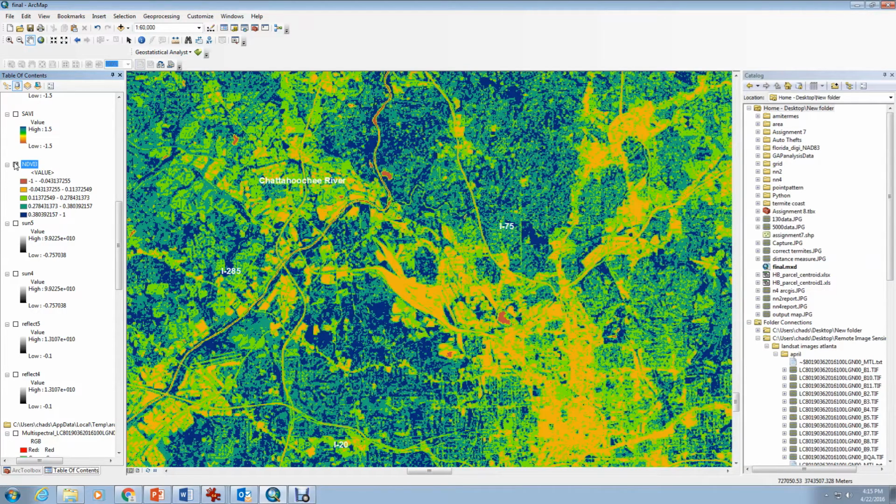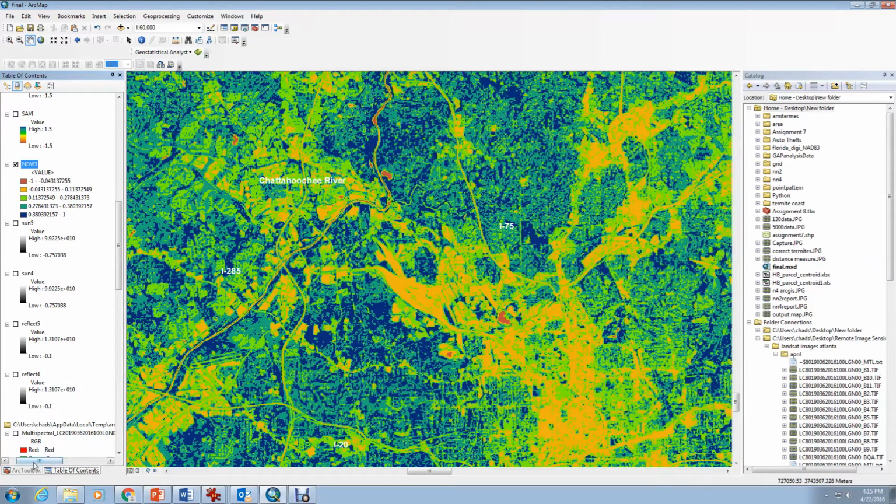To get maybe a clearer image, we can adjust again with the soil adjusted vegetation index, and all you do for that is the general L value used is 0.5, and it is just the NDVI, except add the L value to the denominator and then multiply the whole expression times 1 plus the L value.